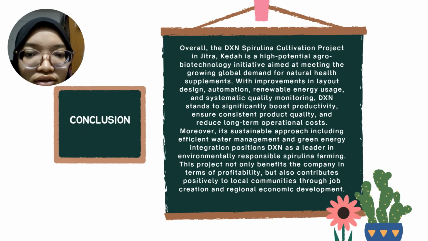So the DSN Spirulina cultivation project in Jitra is a high potential agro-biotechnology initiative aimed at meeting the growing global demand for natural health supplements. Moreover, its sustainable approach, including efficient water management and green energy integration, positions DSN as a leader in environmentally responsible spirulina farming.